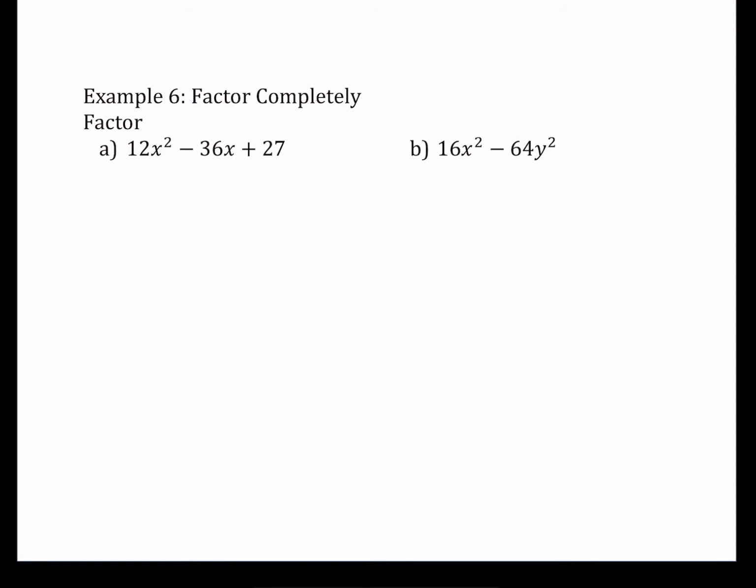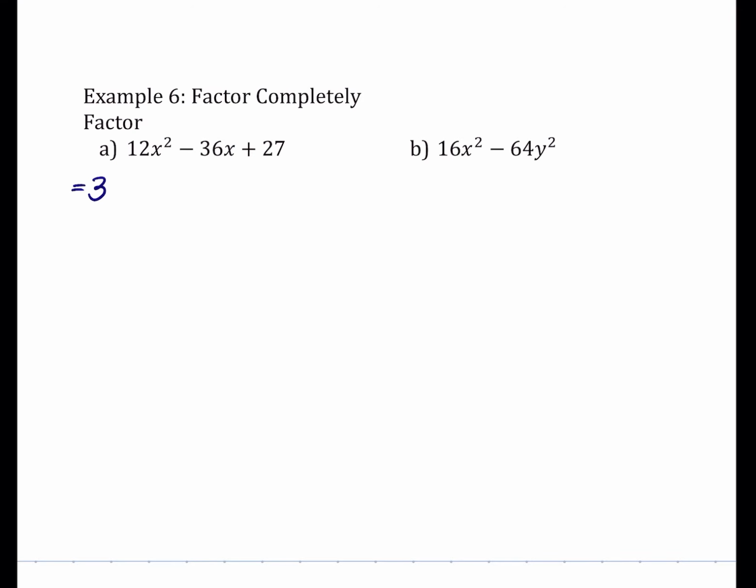So I'm actually going to factor 3 out of this first, and it'll make it much easier to factor. 4x squared minus 12x plus 9. From here, I'll factor whatever's on the inside.